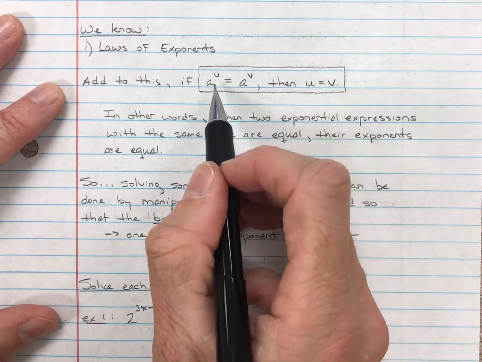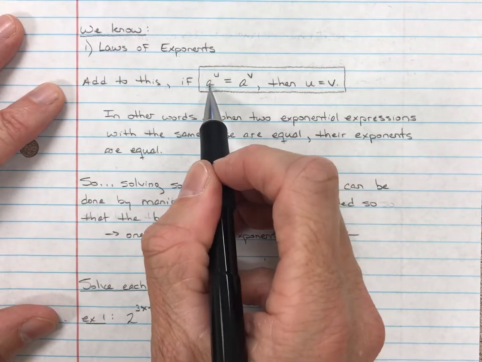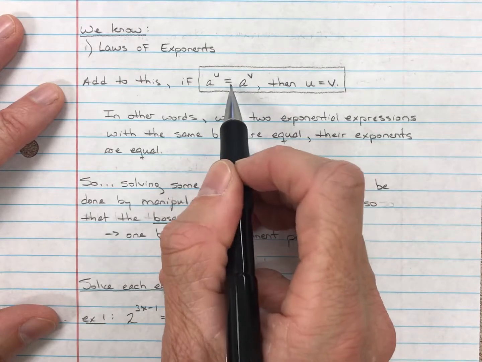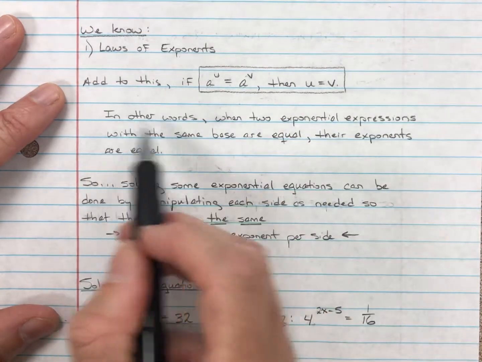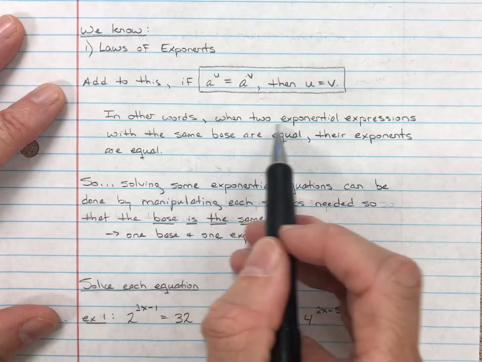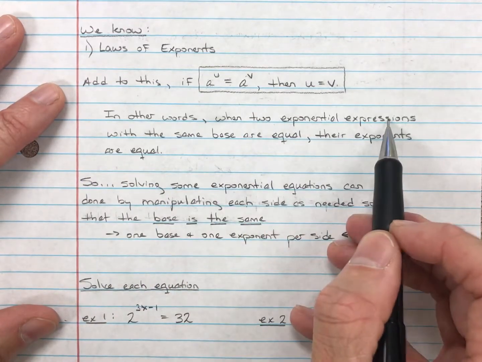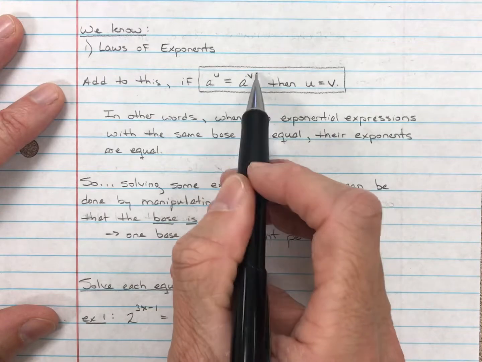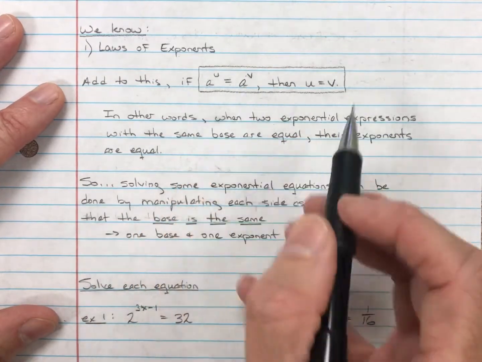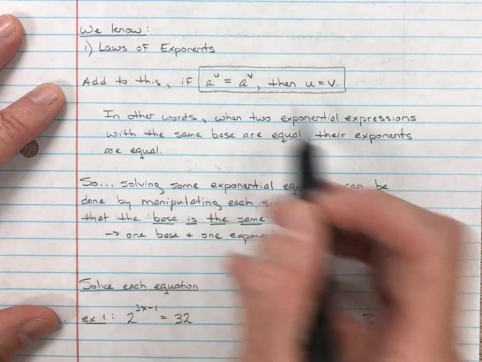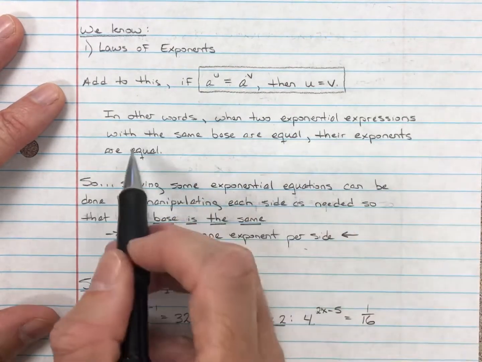So if you have the same base on both sides of an equal sign, then their exponents are equal. In other words, when two exponential expressions with the same base, in this case a and a, are equal, their exponents are equal.